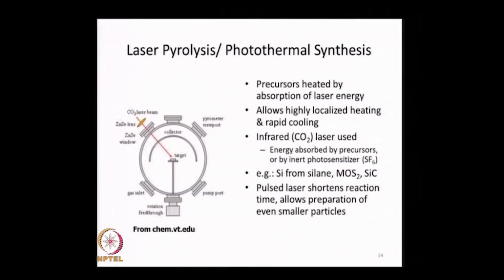Some examples of materials that are made using this technique are silicon from silane, MoS2, and silicon carbide. Pulsing the laser shortens the reaction time and allows preparation of even smaller particles. So, the laser pyrolysis method is again widely used to make small quantities of nanomaterials.